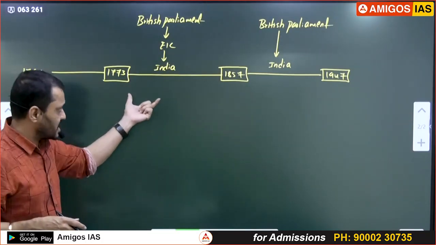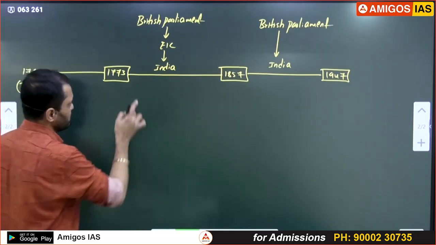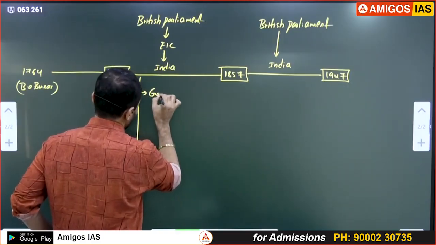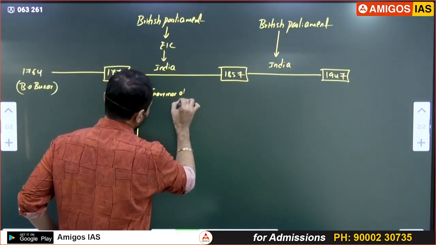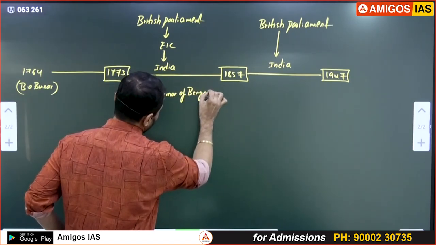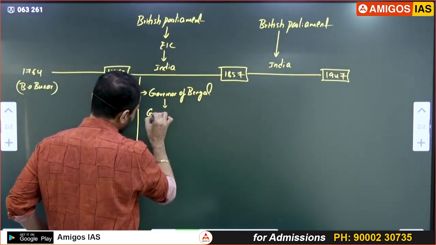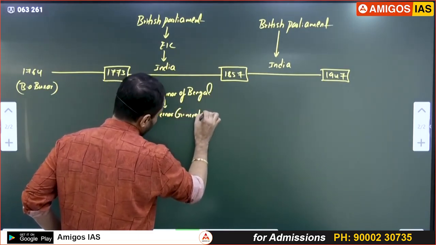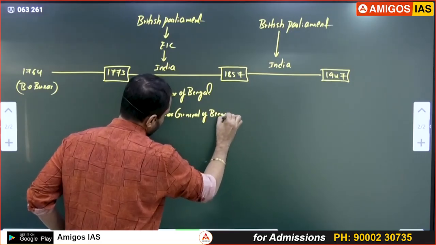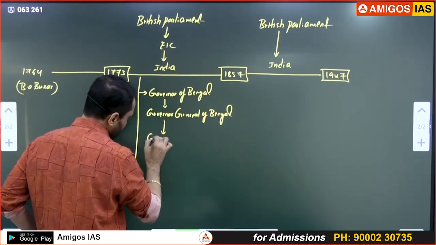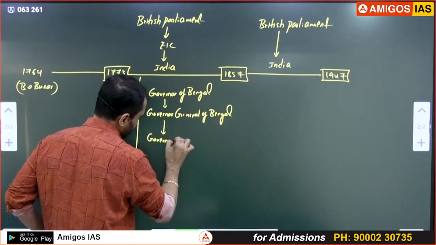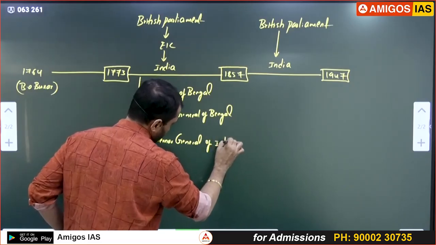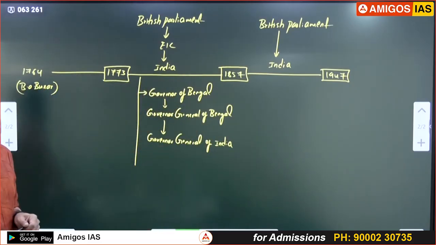Now, in this period, initially there used to be the Governor of Bengal, and later the Governor of Bengal became the Governor General of Bengal, and later the Governor General of India. These are the positions they used before 1857.